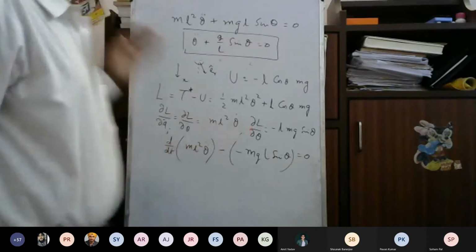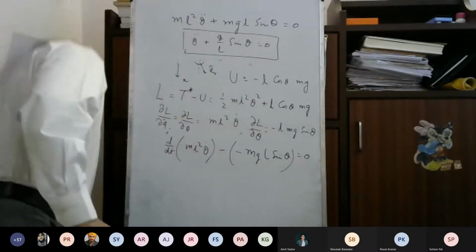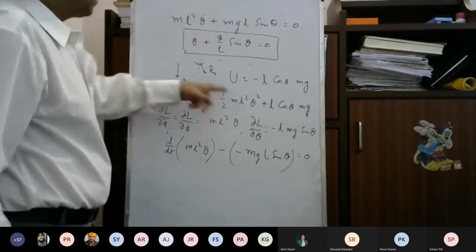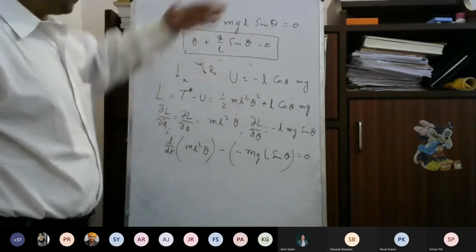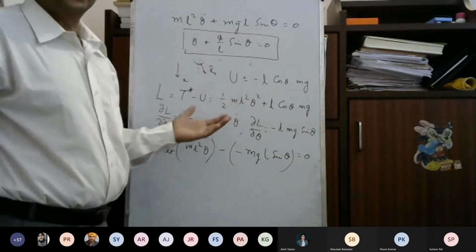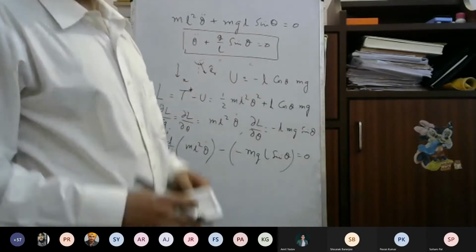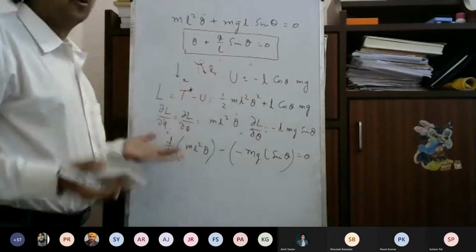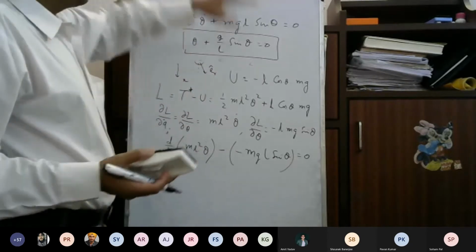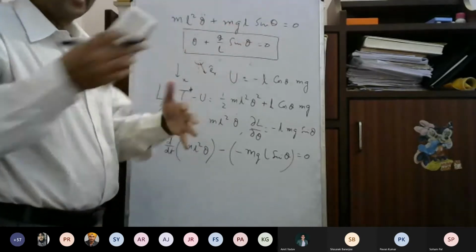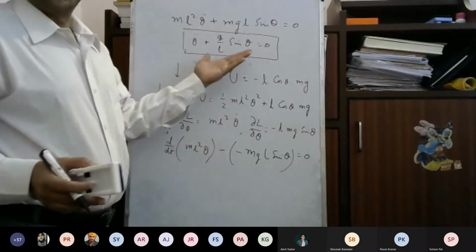Note that here I have to work with only one equation, and the other part, the string tension T, disappeared in this formulation. If you want to find the string tension, of course, we'll have to go back to Newton's equation. But for finding the configuration of the system, we do not require the value of the string tension.